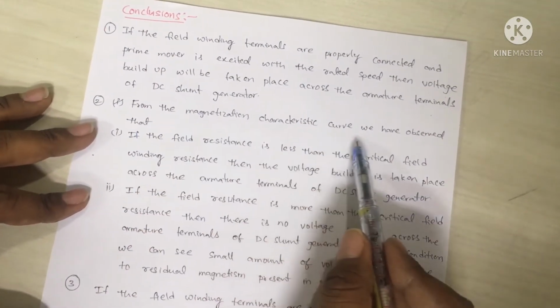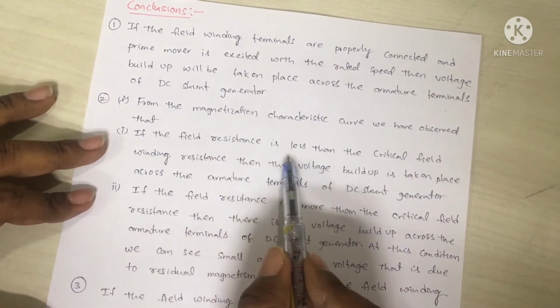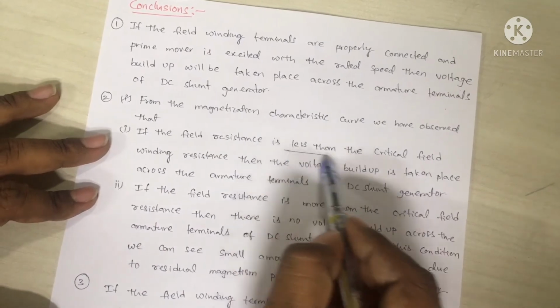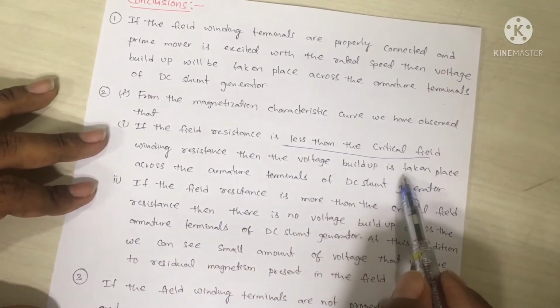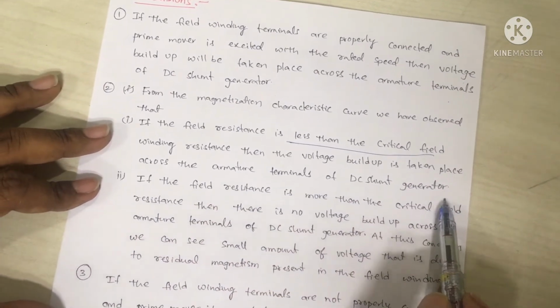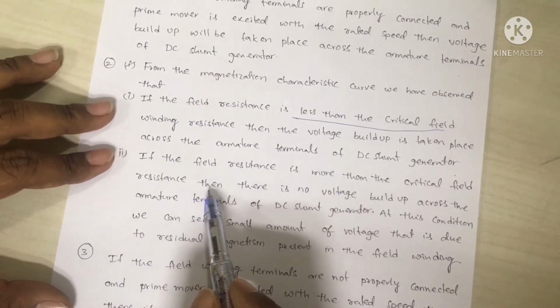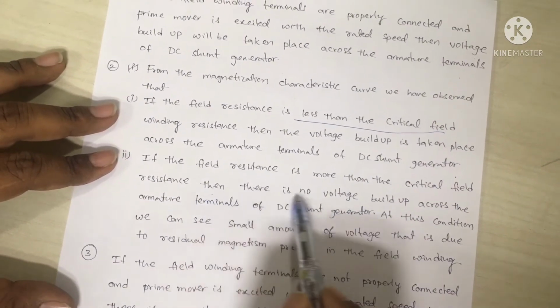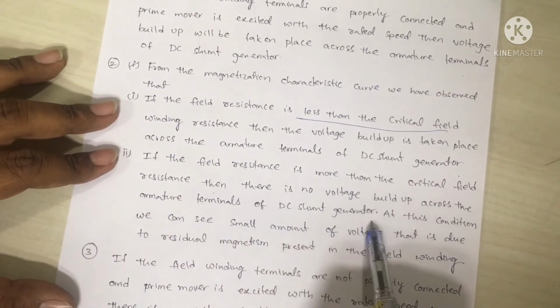From the magnetization characteristics curve, we have observed that if the field winding resistance is less than the critical field winding resistance, then the voltage buildup takes place across the armature terminals of the DC shunt generator. If the field winding resistance is more than the critical field winding resistance, then there is no voltage buildup across the armature terminals.